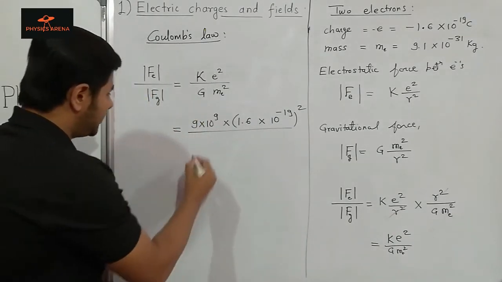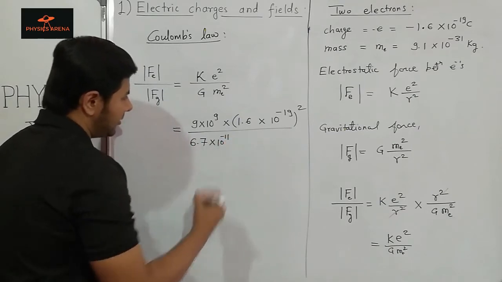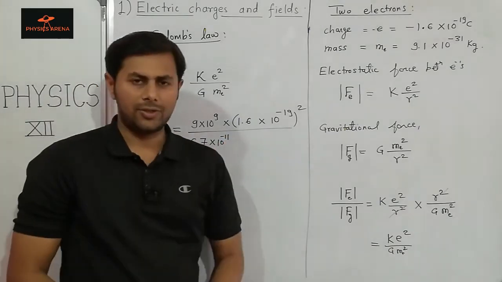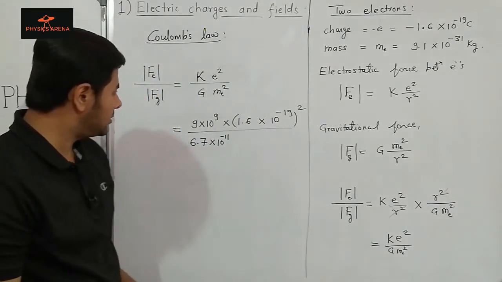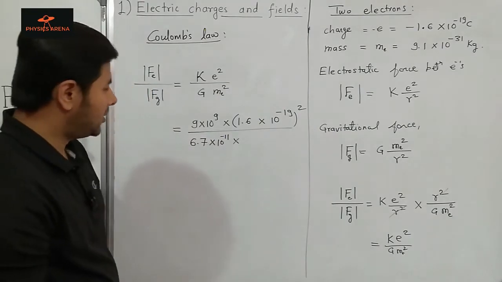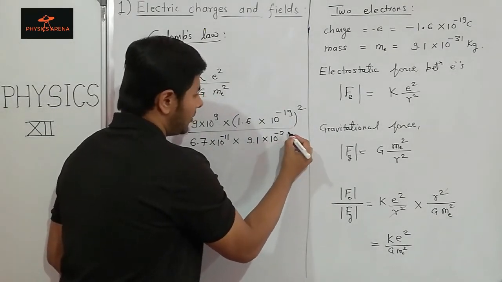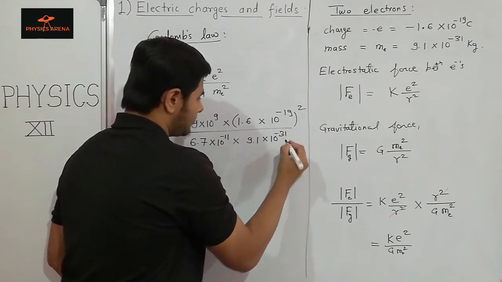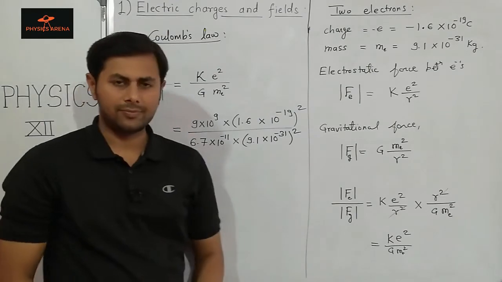G is 6.7 into 10 raised to minus 11. This is the universal gravitational constant. Its value is 6.7 into 10 raised to minus 11. And mass of electron is 9.1 into 10 raised to minus 31. And there is square of that too.